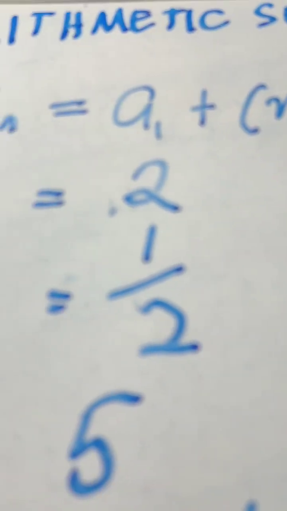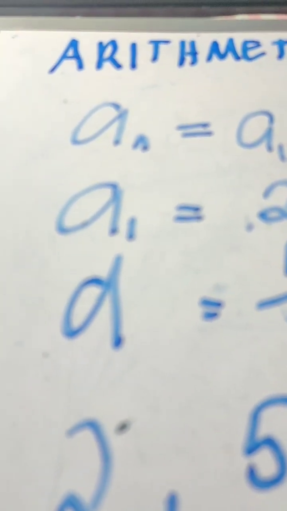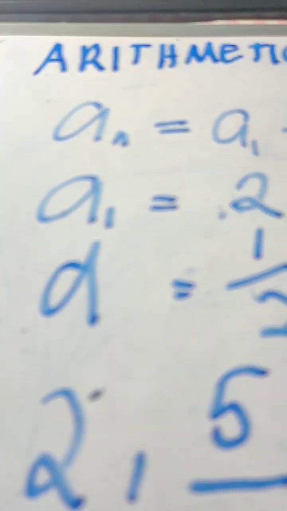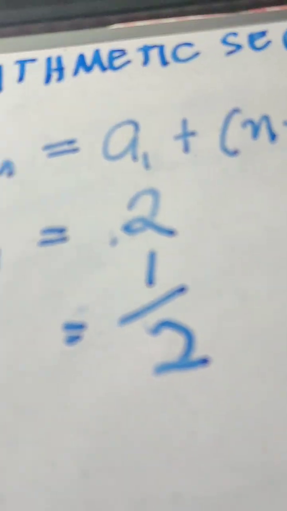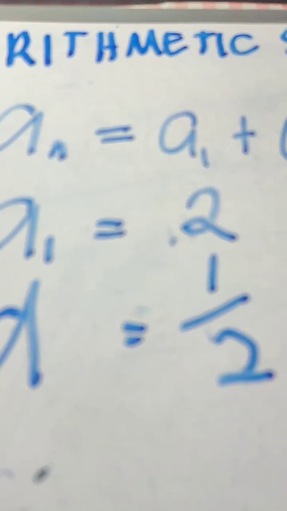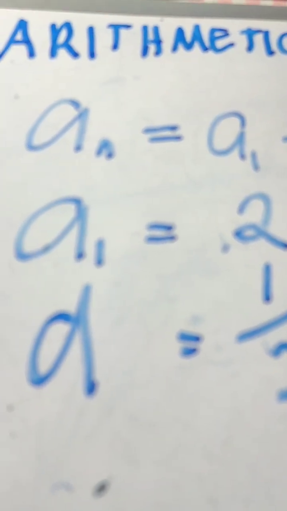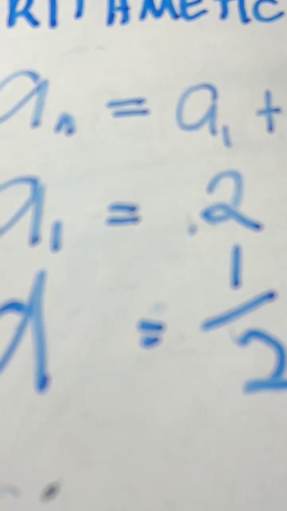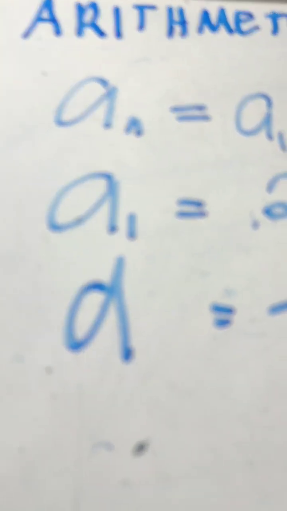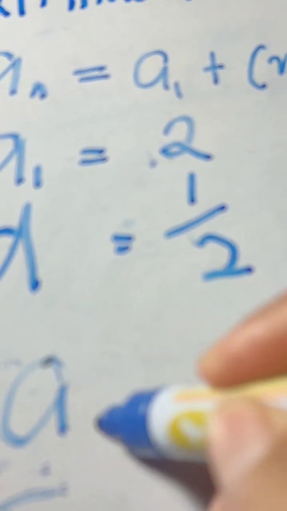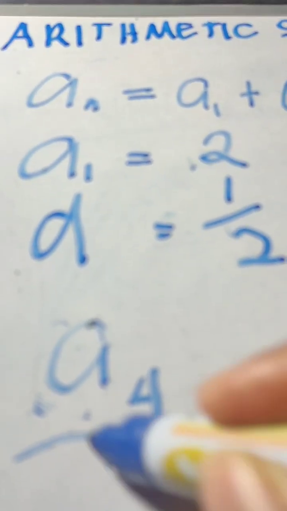Okay? So allow me to erase the other computation so that I will have space here for our computation in the next step. Okay, we have already our a sub 1 and d, which is equal to 1 half. Now, we will try to apply it to our formula. So, we want to find a sub 4, a sub 5, and a sub 8.